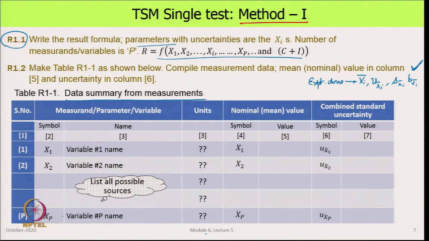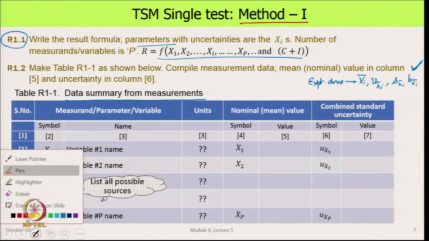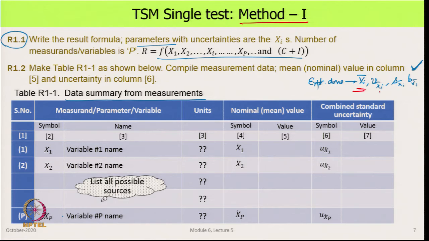So, the first table R1-1 is a data summary from the measurements, which is here column wise: serial number, then measured parameter, measurand or the variable, whichever way we want to call it, its units, its nominal mean value and the combined standard uncertainty. In method 1, we only require these two. So, this and this is the information required in method 1.